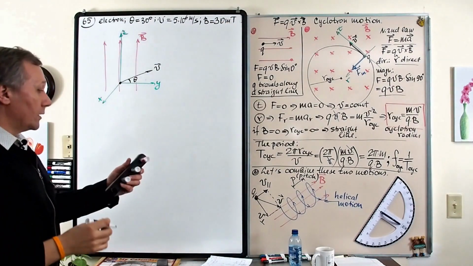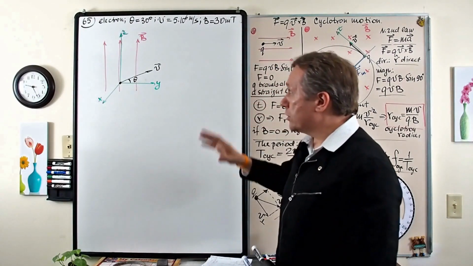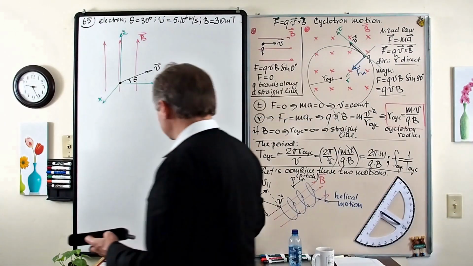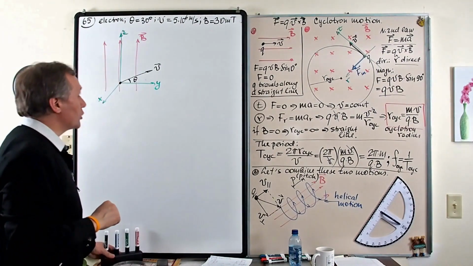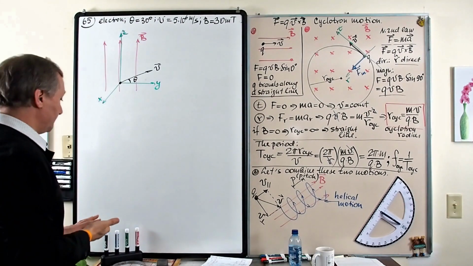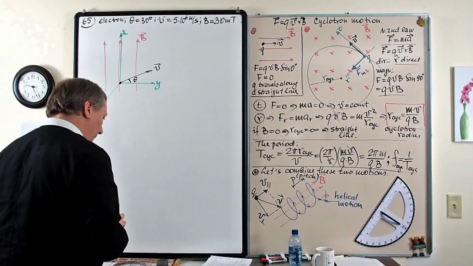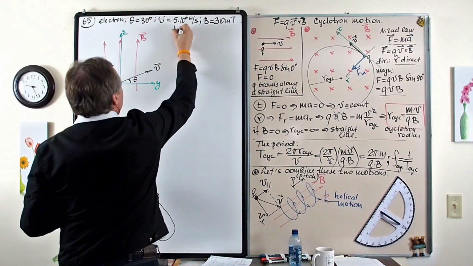Right? So now, before I write what needs to be found, I want to describe the motion, and only then I will be able to write what needs to be found. Right. So let me check if I mentioned everything. All right. Yeah. Okay. But before, let me describe the trajectory.